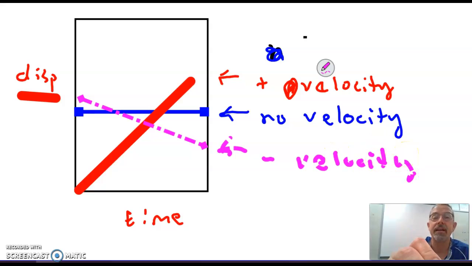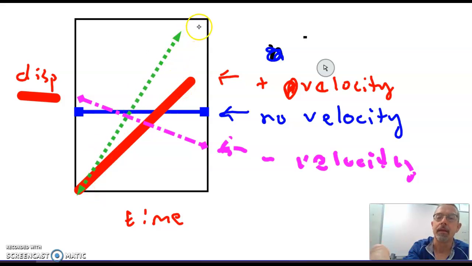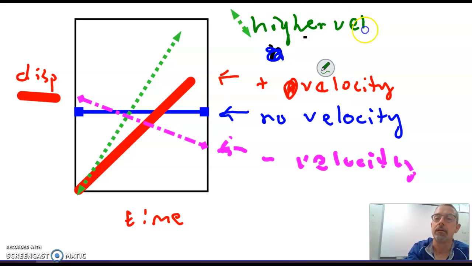Now, if I've got a steeper slope, let's say I've got this line, or a shallower slope, this line right here, let's use a green pen here, has a higher velocity than this line because it's a steeper slope.